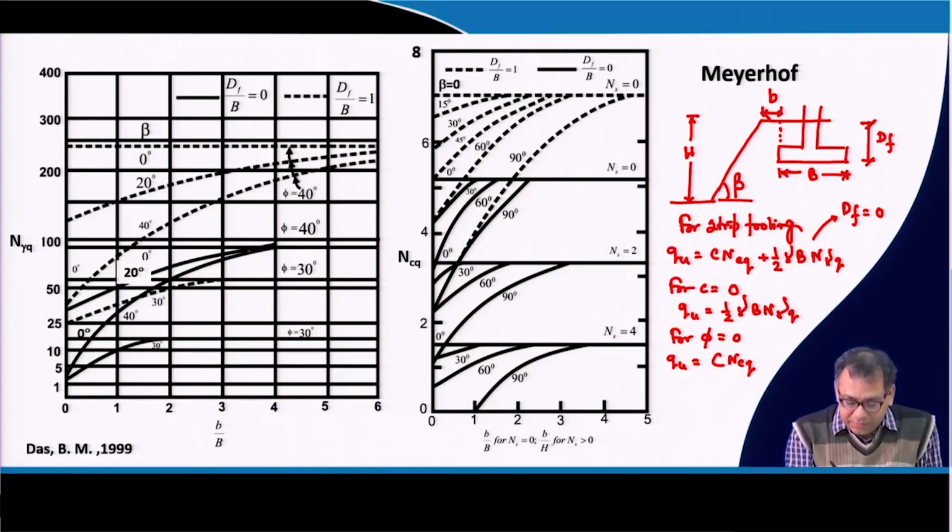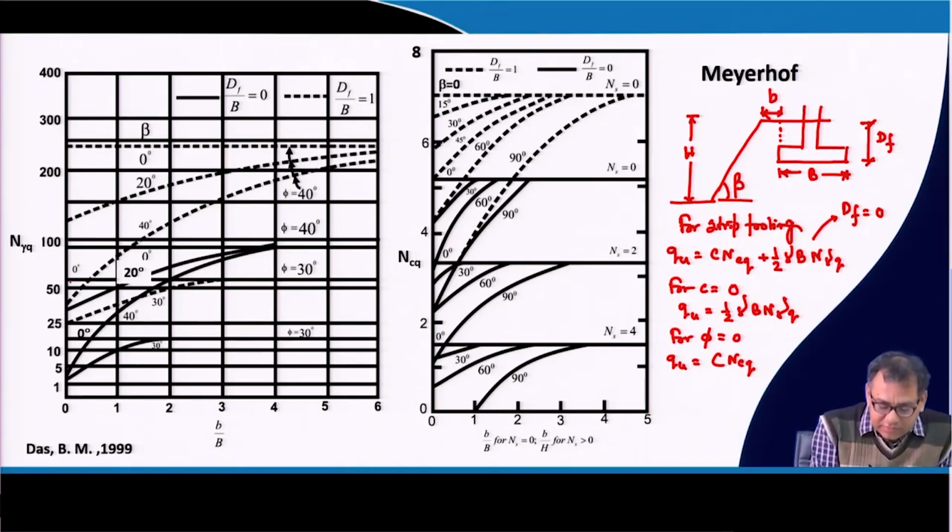But if your phi is equal to 30 degree, then these dotted lines are given for phi equal to 30 degree. And there is also a straight line on this firm line, dotted lines for the phi equal to 30 degree case, which is basically beta equal to 0.